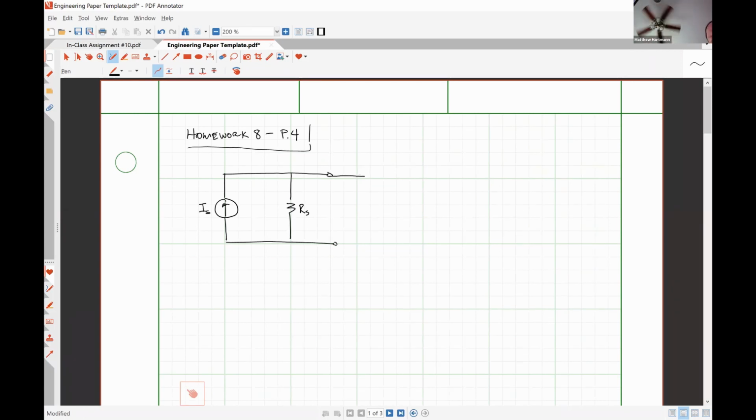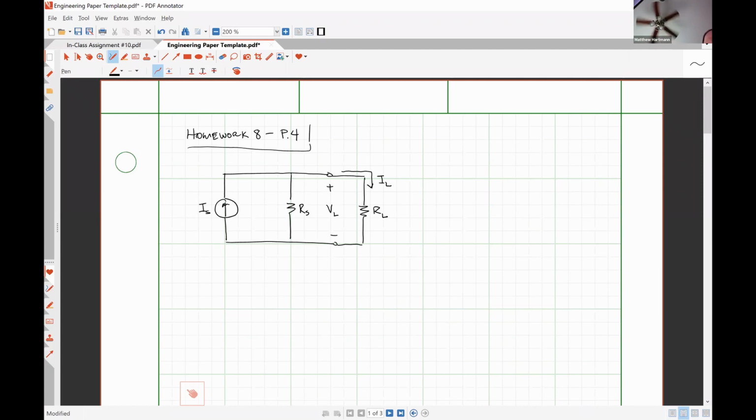Connected to our practical current source are a few different load resistor values. We could determine this voltage drop, VL, the voltage drop over our load resistance, or we could determine our current, IL, the current flowing through our particular load resistance.